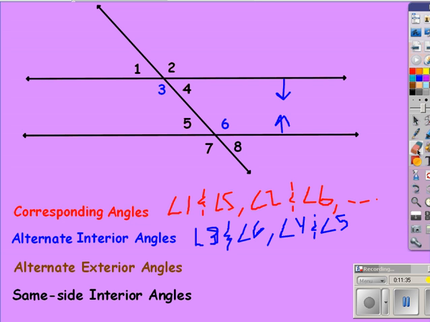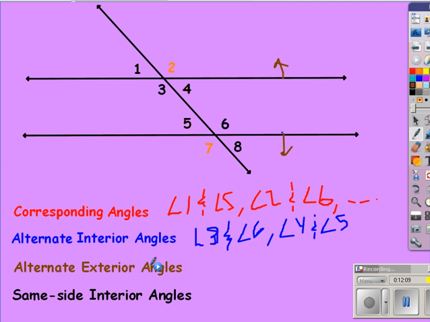Alternate exterior, same idea, although instead of the interior, we're going to be looking at the exterior, the outside of those two parallel lines. So my exterior angles in this case are going to be angles 1, 2, 7, and 8. Those are my exterior angles. To be alternate exterior, that's alternating sides of that transversal and top and bottom. So if I look at angle 2, the alternate exterior angle with angle 2 is going to be angle 7.